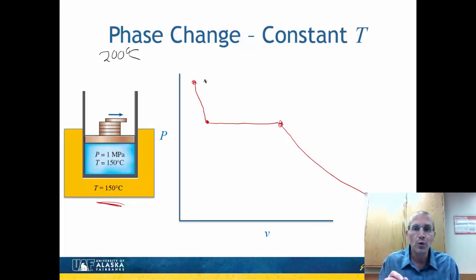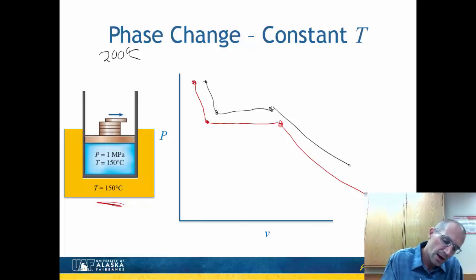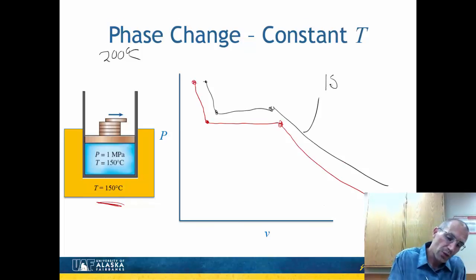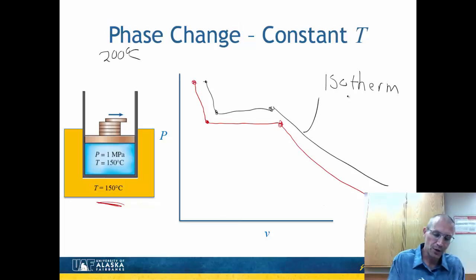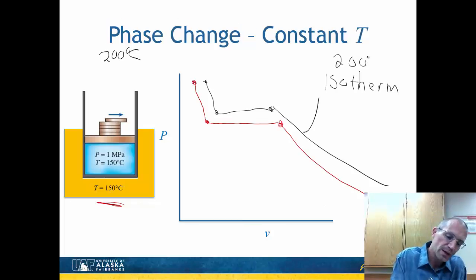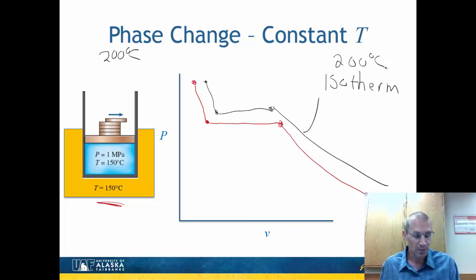Again, I remove weights. I'm going to move down to some point where I boil, move across, and then move down. What I've drawn here is an isotherm. In fact, both of these are isotherms, constant temperature. This is the 200 degree Celsius isotherm. And the one down there is the 150 degree isotherm.